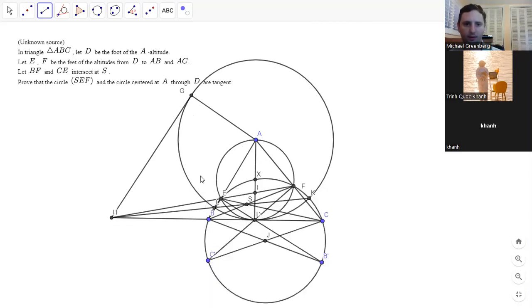I was thinking about hiding the circle SEF for now. Basically, can we show that S lies on the polar of H so that G, S, and B would be collinear? Yeah, that's what we were trying to show before, but I haven't been able to figure it out yet.